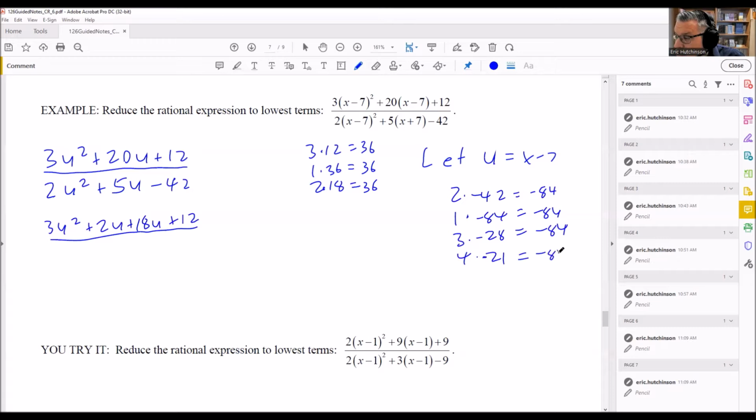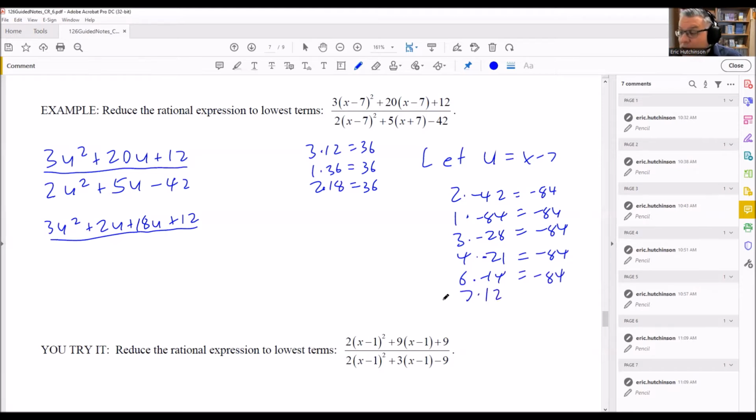Again, it doesn't matter which one you make negative; we just look at which one gives us a 5. 84 is not divisible by 5, but it is divisible by 6. 84 divided by 6 is 14, so we have 6 times negative 14. Then we have a 7: 84 divided by 7 is 12. All right, now I have 7 and 12.